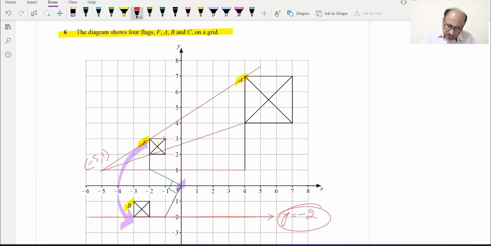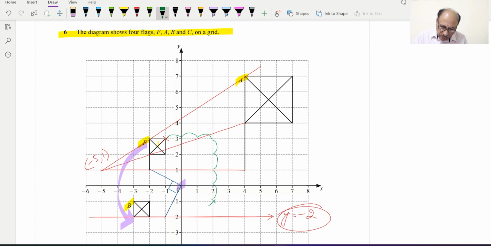So I will take this point and 1, 2, 3, and then 1, 2, 3, so it will reach here, and then we can draw this. It will be like this one, 3 and 4 basically, so it will be 1 unit down over here. So we can count again 1, 2, 3 and -4.